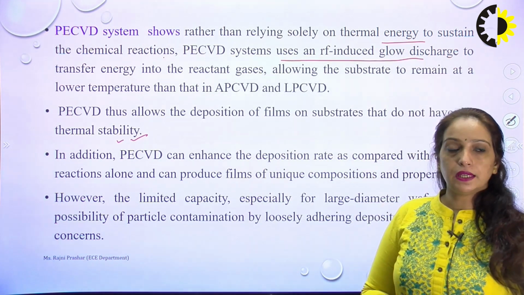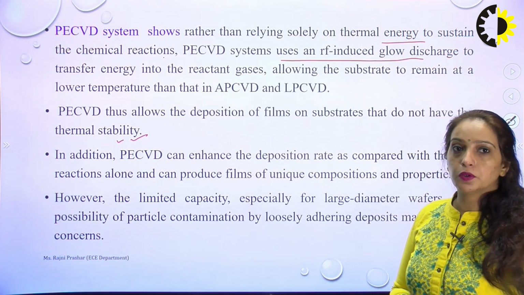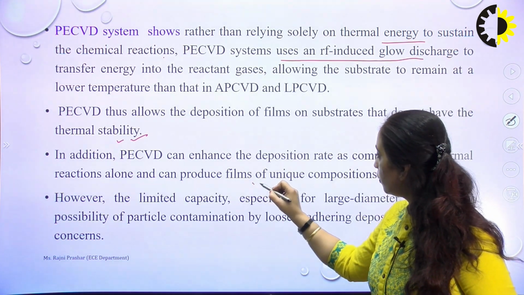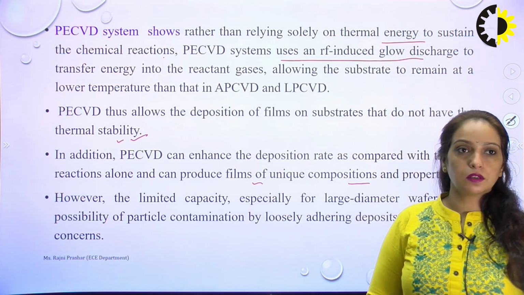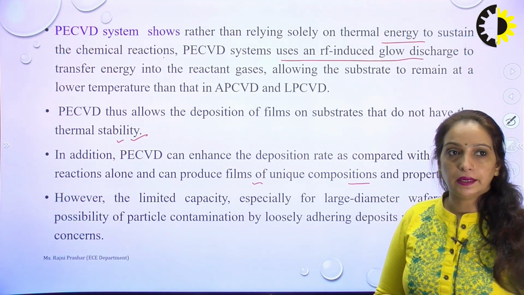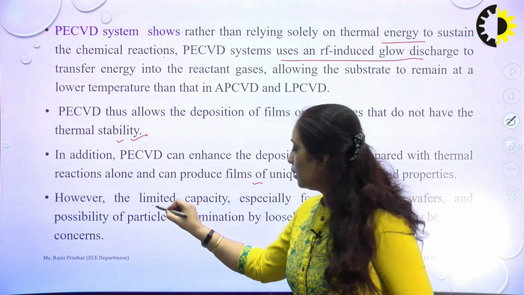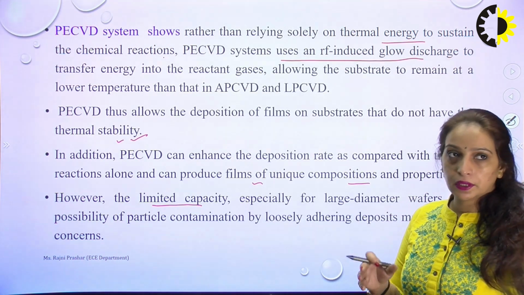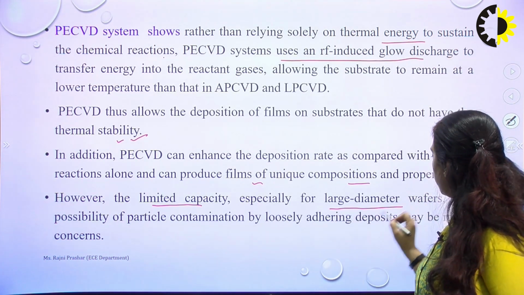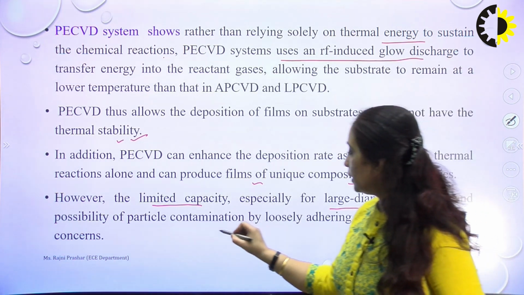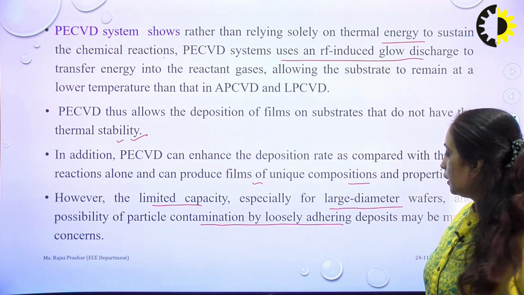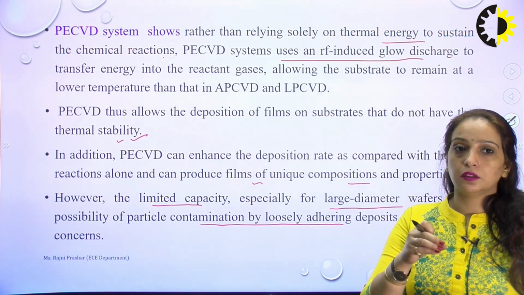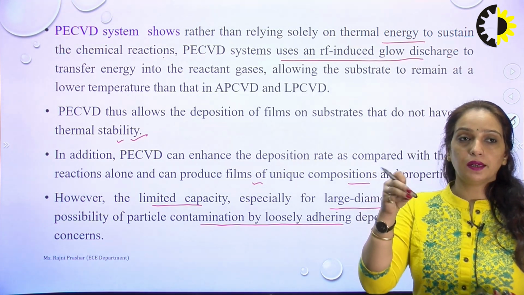In addition, PECVD can enhance the deposition rate as compared to thermal reactions alone. It can produce films of unique compositions, and the properties of those compositions can be maintained. However, we can handle only limited capacity wafers in this kind of reactor chamber, especially large diameter wafers, and the possibility of particle contamination by loosely adhering deposits may be a major concern, because the deposition gases are in gaseous form, right?